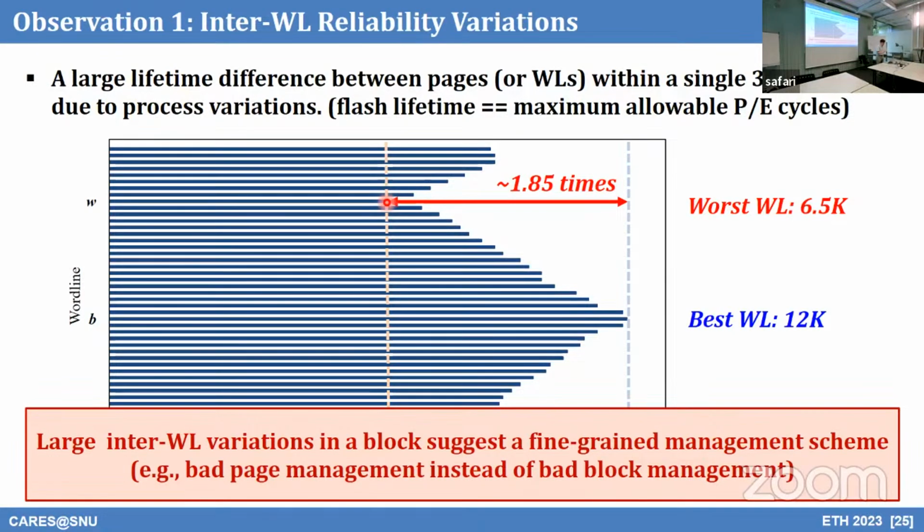We apply the low stress erase mode to this weak word line. And because even though erase was applied, it was with low stress, it can live longer. So we extend the weak word line's lifetime. So this weak word line is still alive, and we try to utilize the unused capacity of the strong word lines. This is the main idea.